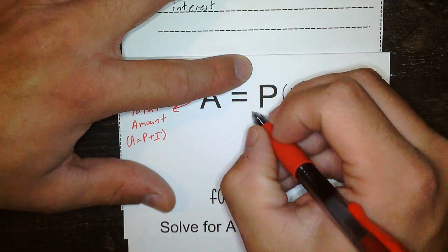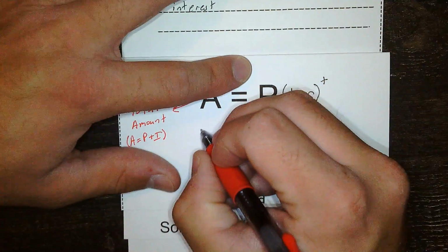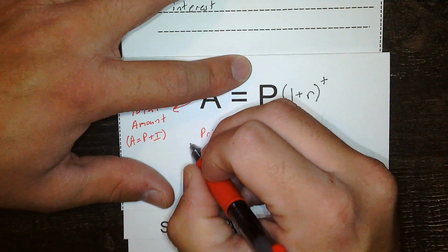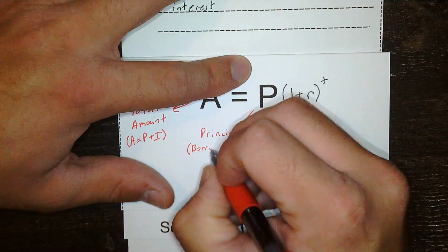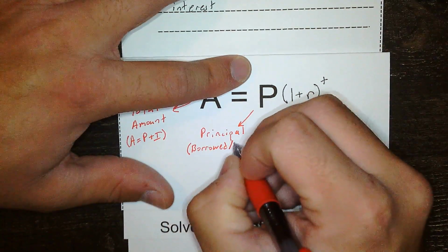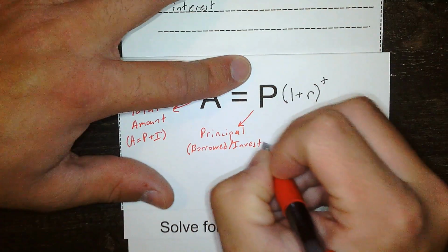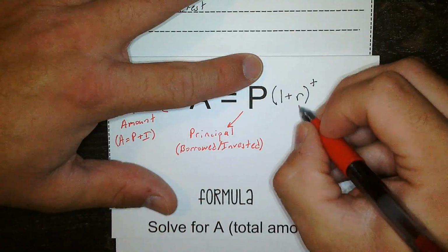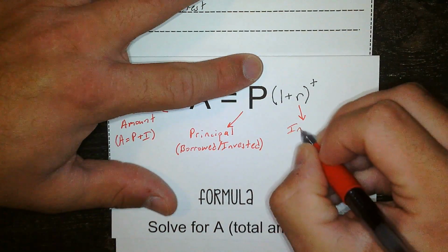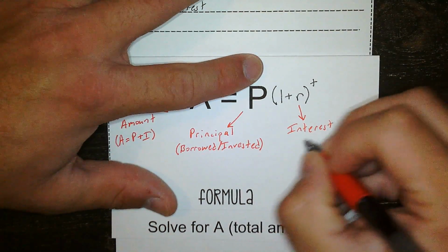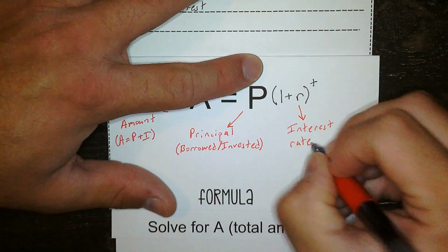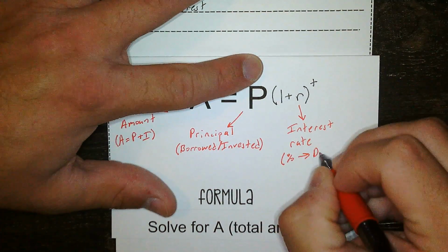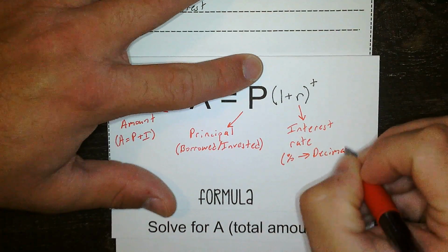P stands for principal, which is the amount borrowed or invested or deposited. R is the interest rate, and remember, it's a percentage and we have to convert it to a decimal.